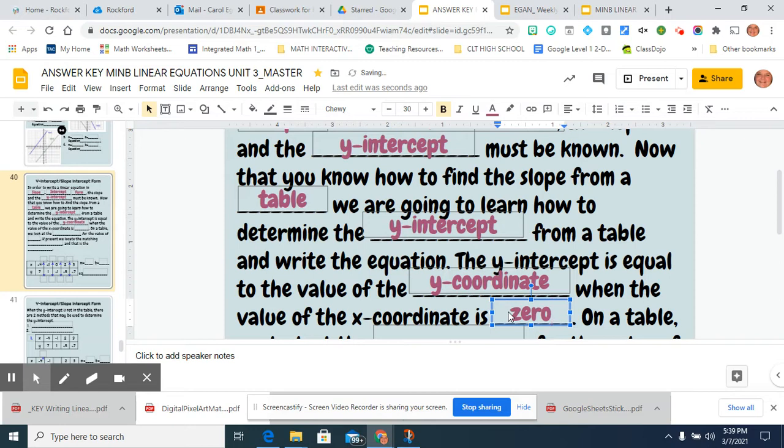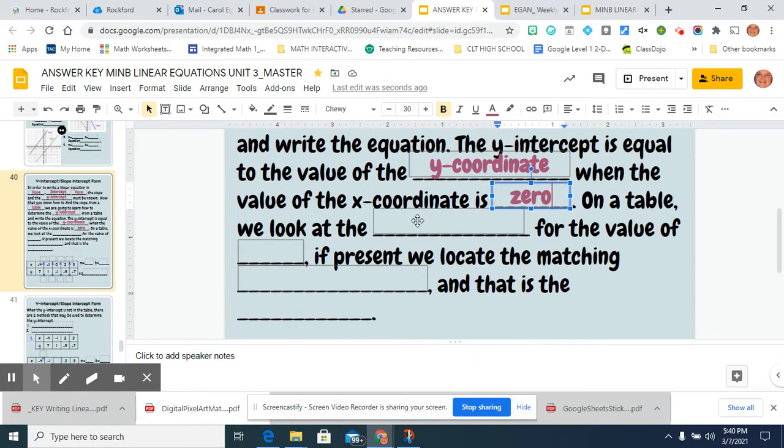So remember, when we talked about this on envisioning it on a graph, it's on the y-axis, right, where the x hasn't moved left or right. And so it's wherever the line crosses that y-axis. And the way that it's represented in a table is the y-coordinate value when the x-coordinate value is 0.